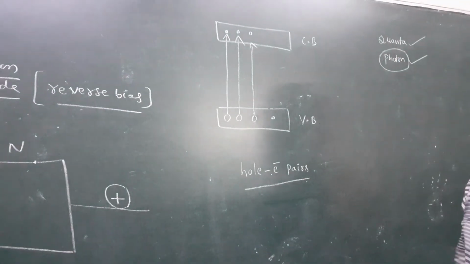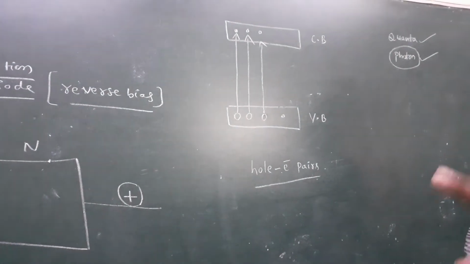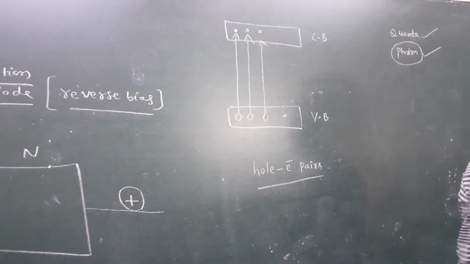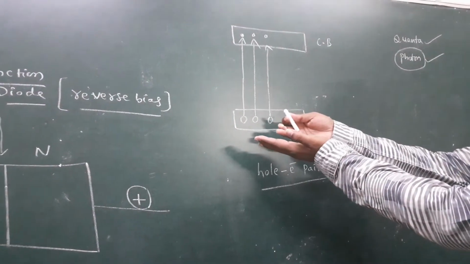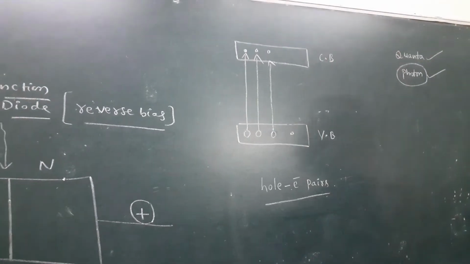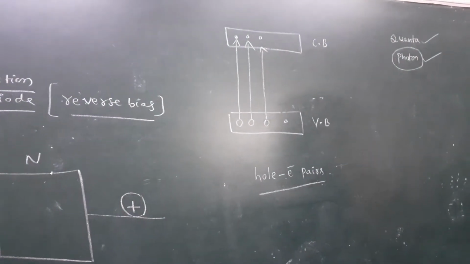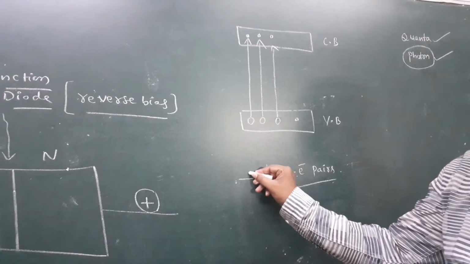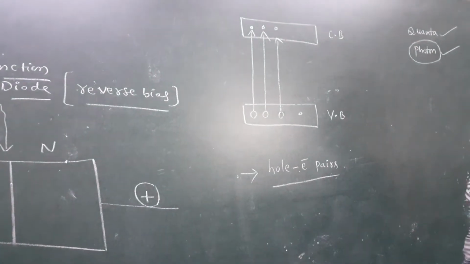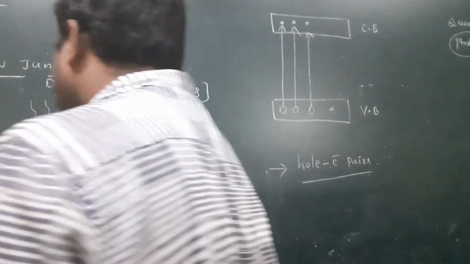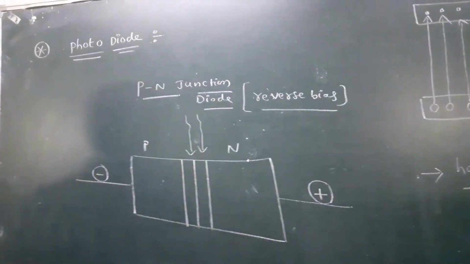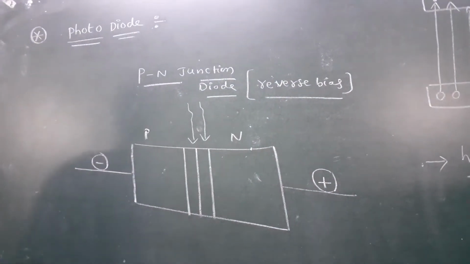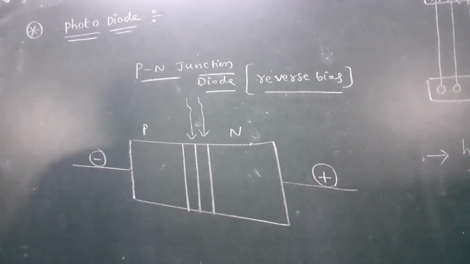Light is a form of energy. Because of this energy, electrons in the valence band move to the conduction band, so hole and electron pairs are created. Photodiode is a PN junction diode operated in which bias?